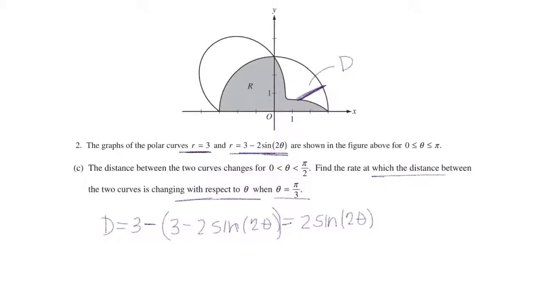We can really just type this into our calculators now and see if we can find our answer. So we want dd d theta, and I want this value when theta is pi over 3. Type that in our trusty calculators, and we should come up with -2.